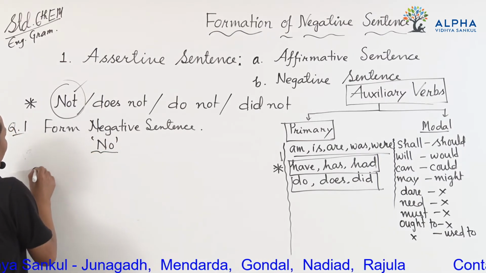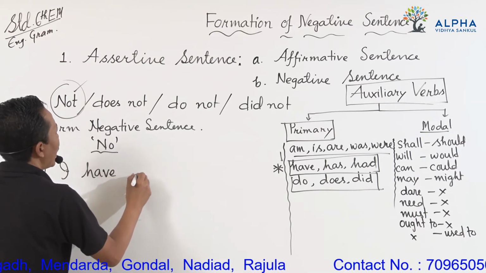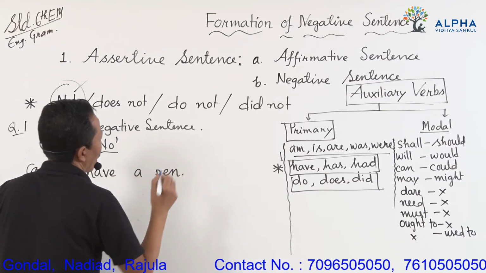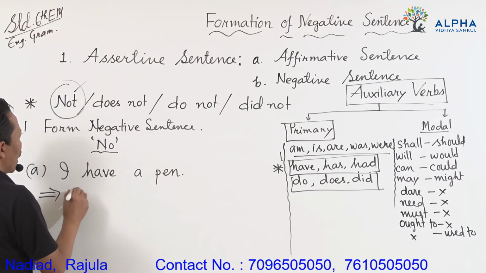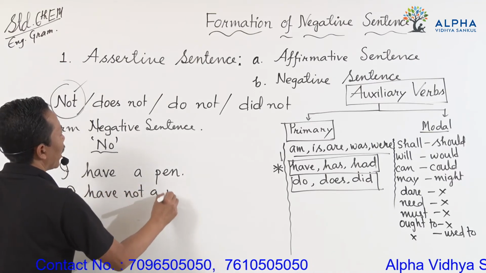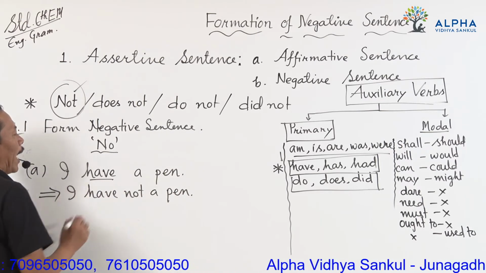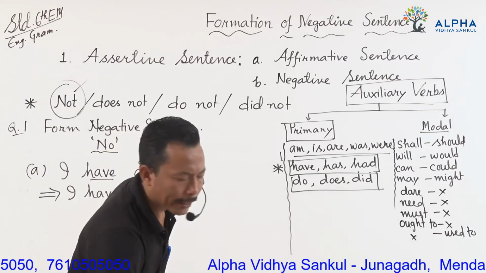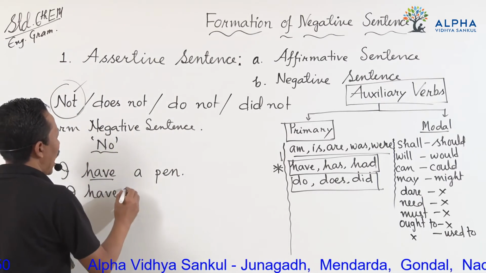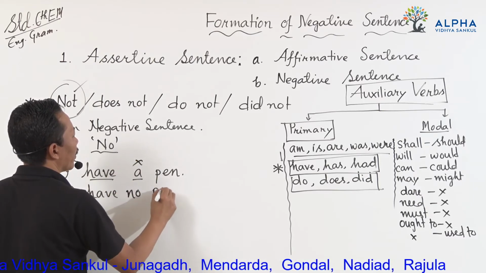See, example: I have a pen. Then how can we change this? If you say I have not a pen, then your answer is wrong. Here this have is used as the main verb. That is why in place of not we have to use no: I have no pen, and a will be removed.